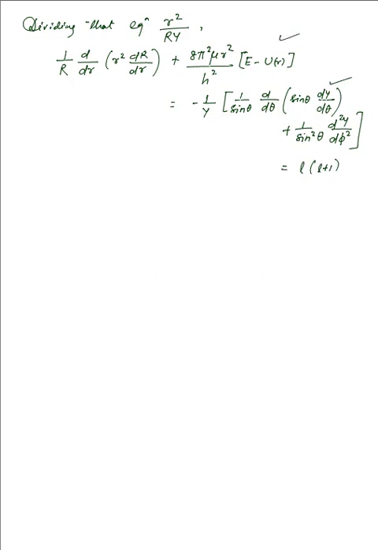So both this side as well as this side must be equal to this common term. So we have 1 over R, d over dr of r squared dR over dr, plus 8 pi squared mu over h squared, and there was the r squared, we can take the r squared multiplying over there, so E minus u of r, that is equal to L times L plus 1.